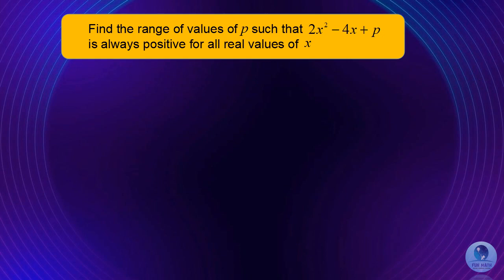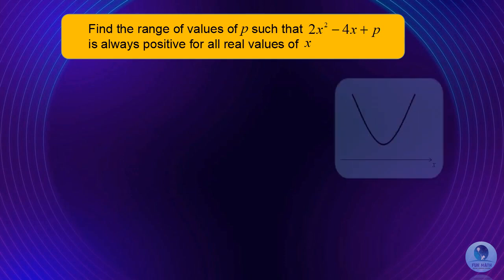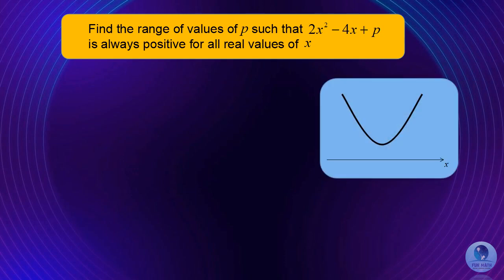Look at this example. Find the range of values of p such that 2x squared minus 4x plus p is always positive for all real values of x. Look at this function 2x squared minus 4x plus p. Since the a value is positive, therefore this will be a U-shaped graph with a minimum point.